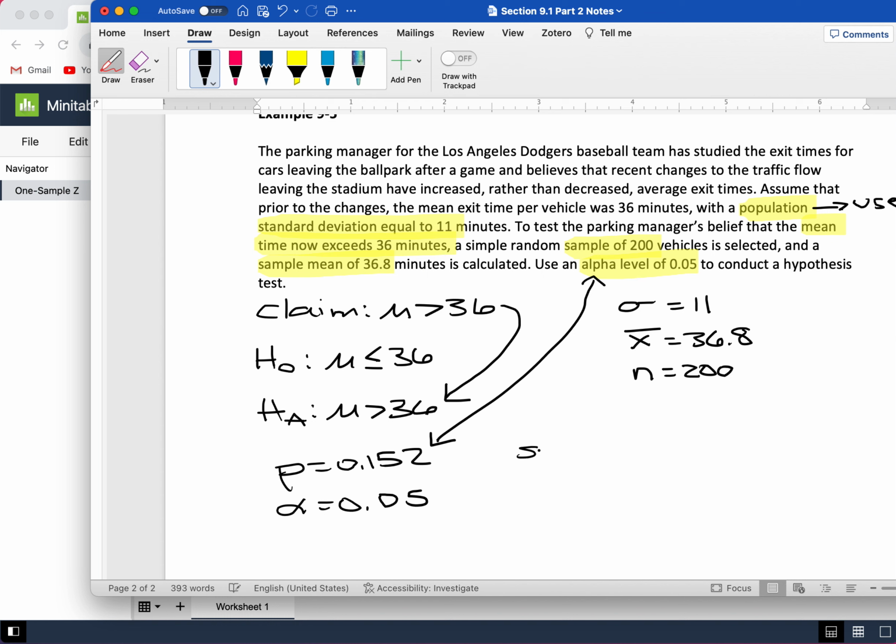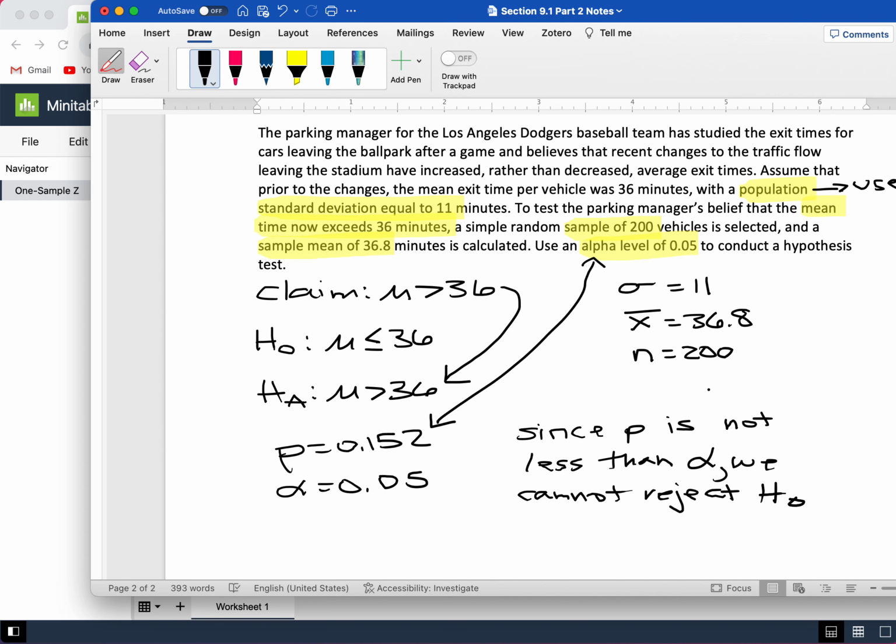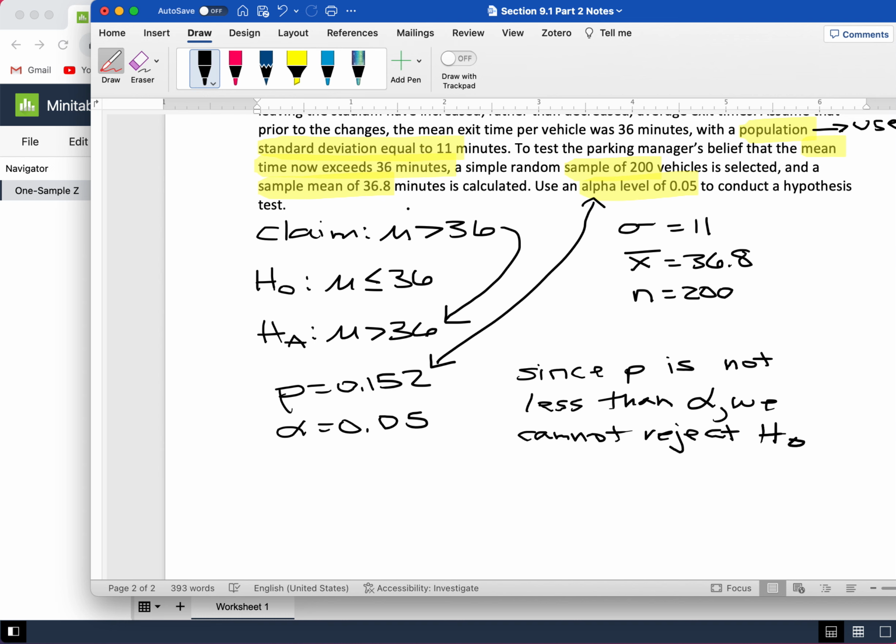So since p is not less than alpha, that means that we fail to reject the null hypothesis, or we cannot reject the null hypothesis. And so what does that mean about our claim? That means that we do not have evidence to support the claim that the mean time exceeds 36 minutes.